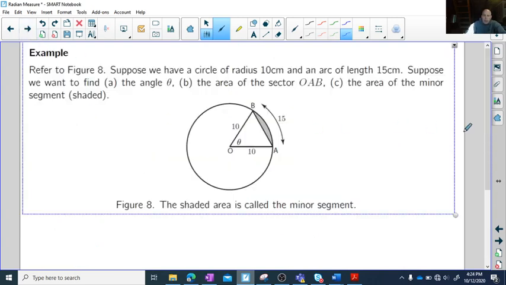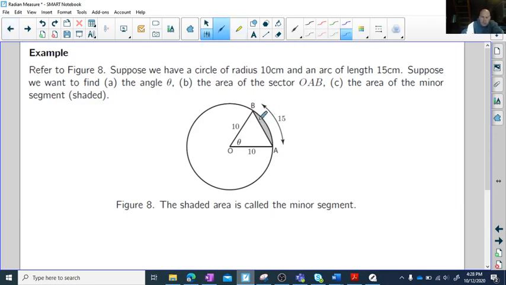Okay, last connection I want you to make is how to come up with the area of a sector. All right, so looking here, we're trying to get the area of this little shaded piece out here, which is kind of an irregular shape, not something we have a formula for, so we're going to have to come up with a plan for this.